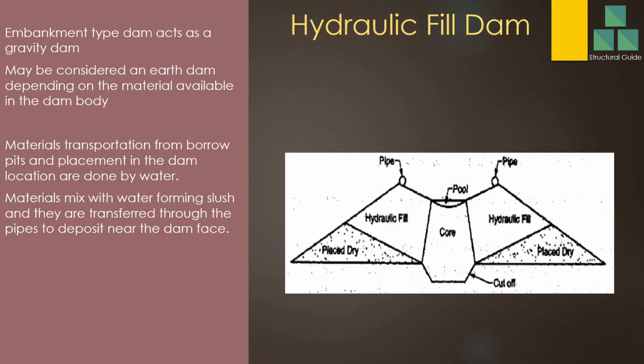Material transport from the borrow pits and the placement in the dam location are done by water. Material is mixed with water forming a sludge, and it is transferred through pipes to deposit in the dam body. So this is also a kind of dam.